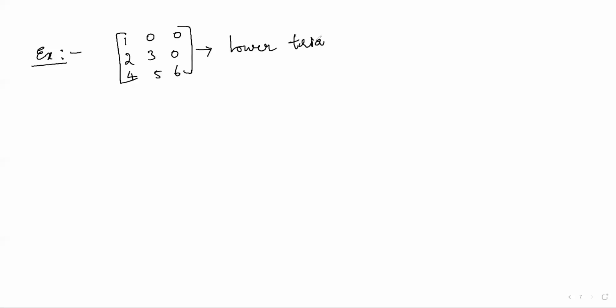Simple. If I write an example, then immediately you will catch it and the explanation will be easy. So this is 1, 0, 0; 2, 3, 0; 4, 5, 6. This is a lower triangular matrix.